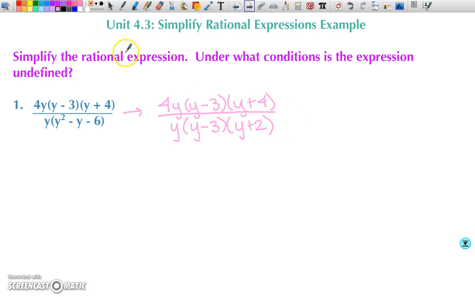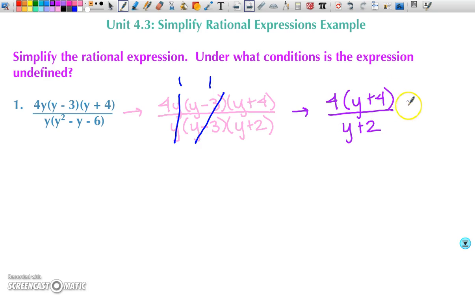It's one fraction, so we just start canceling things out. y over y, that's a 1. y minus 3 over y minus 3 is a 1, and nothing else has the same factors. So our final answer would be 4 times y plus 4 over y plus 2. And you don't need to multiply that out.